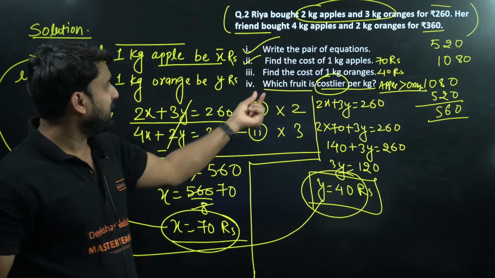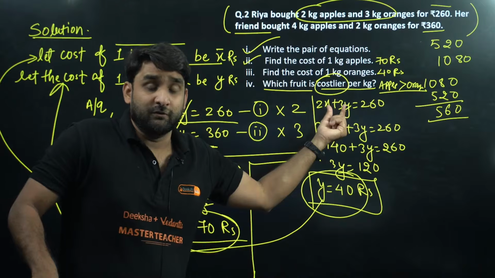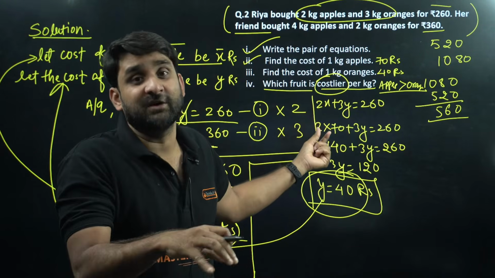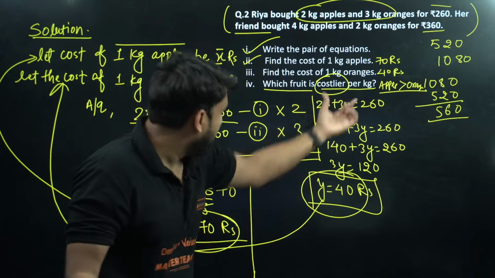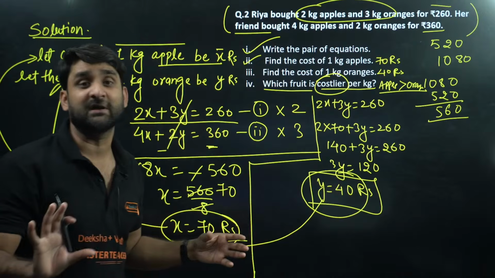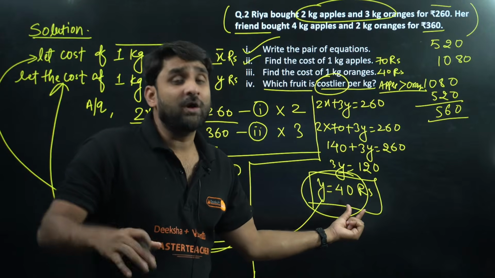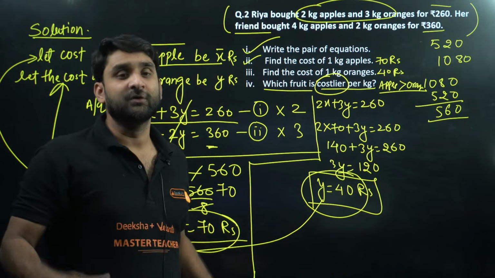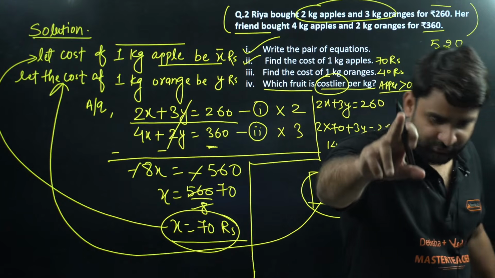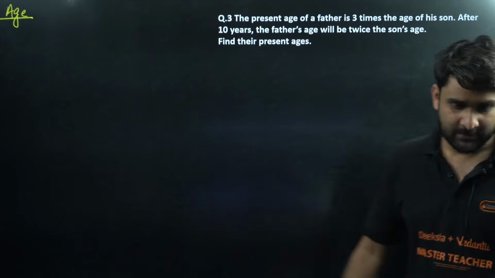In the 4th part, the question is asking which fruit is costlier per kg, which is costlier for 1 kg cost. So apple we are getting for 70 rupees. If we pay 70 rupees, then we can get 1 kg apple. And for orange, we have to pay only 40 rupees. So which is costlier? Apple is costlier. Clear, Swati? Okay, moving to next.